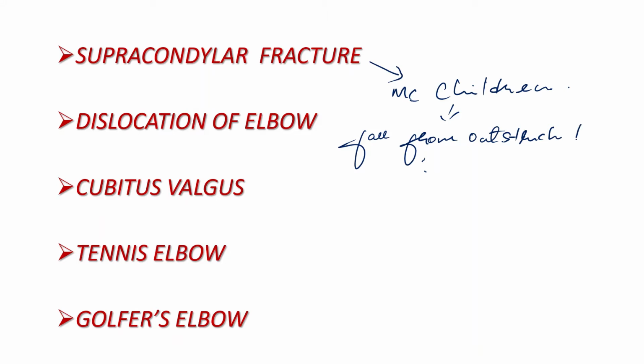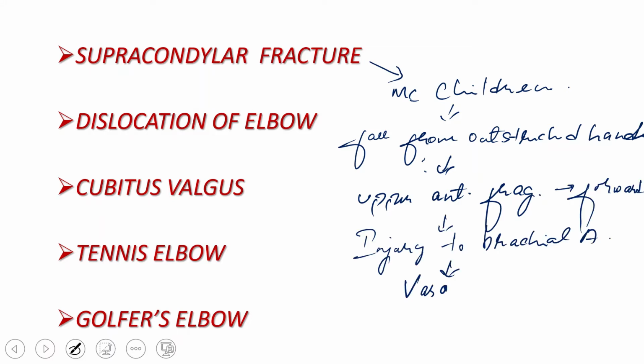In the supracondylar fracture, we can make out the upper anterior fragment, which is displaced forward. The displaced anterior fragment leads to injury to the brachial artery, which results in vasospasm, which causes ischemia of the muscles of the anterior compartment of the forearm.